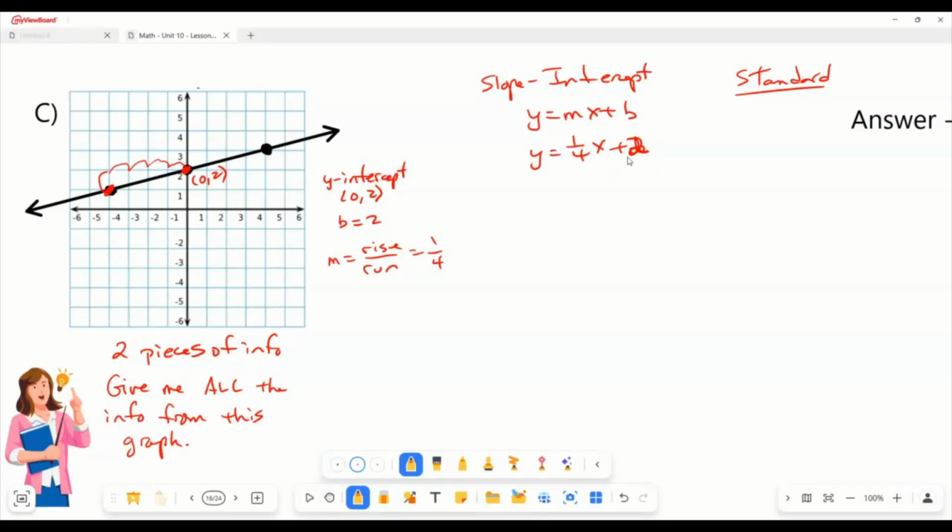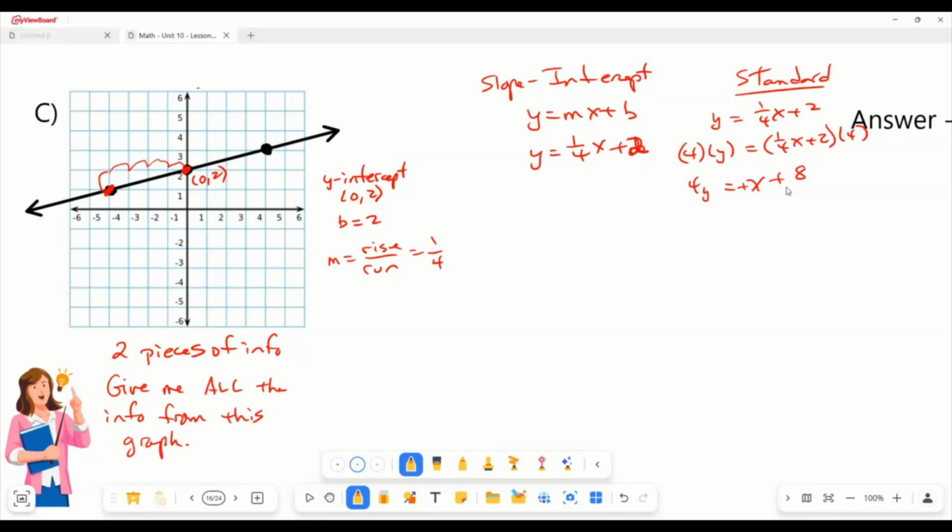All right, for some of you, the negative is what's going to kill you every time. Multiply by 4 so we get rid of the fraction. 4y equals, this gives us 1x plus 8. This has to be over there.